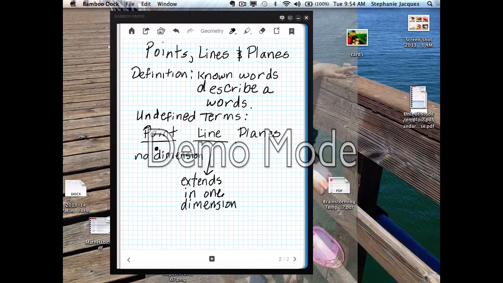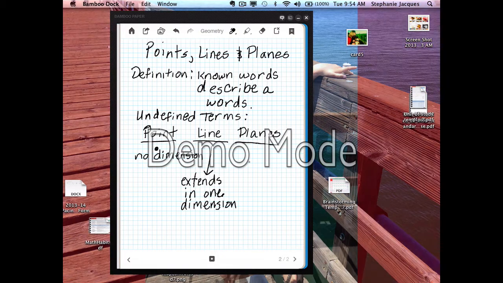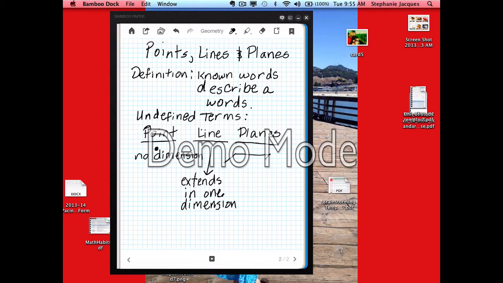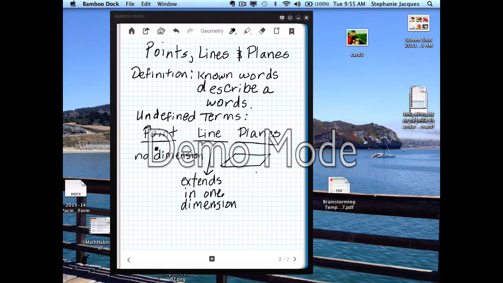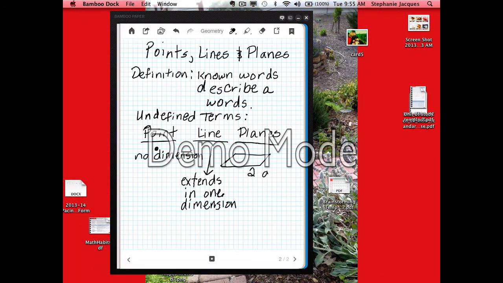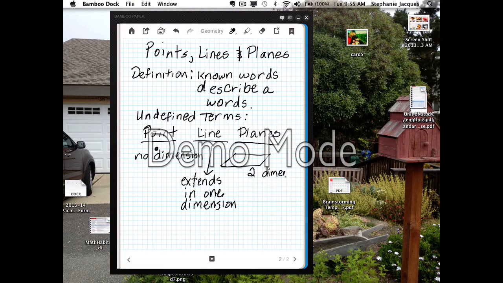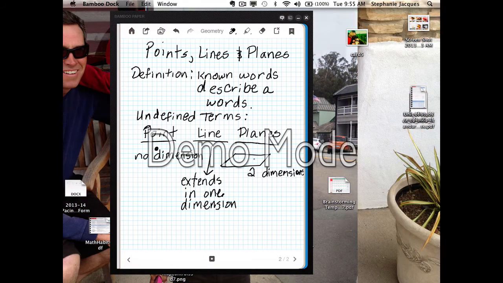Then you have planes. And a plane is basically represented by, it's like a tabletop. So you're going to have a line like this, line like that, line like that, and you're going to come across here. And this is what we consider a plane. And a plane goes into two dimensions.